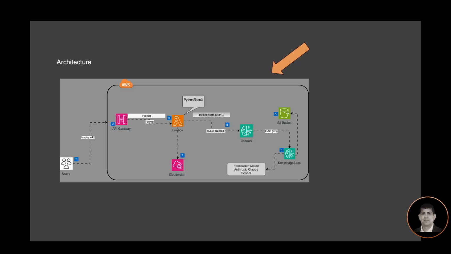Bedrock is using a knowledge base, consuming the social media analytics report for the past 6 months of data posted in the S3 bucket, and it's the RAG approach that Bedrock is using and providing the contextual response back to the user.